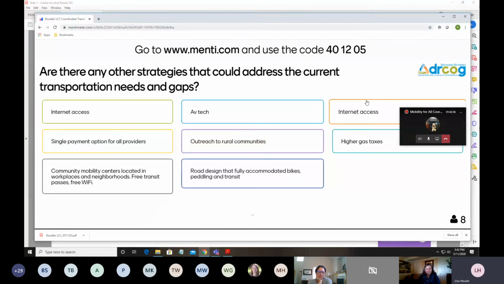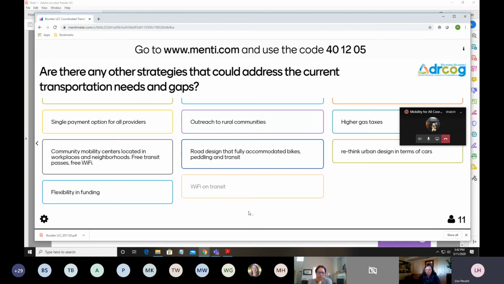Community mobility centers located in workplaces and neighborhoods. Free transit passes, free Wi-Fi. Road design that fully accommodated bikes, pedaling, and transit. Rethink urban design in terms of cars. Flexibility and funding, that's a big one we've heard. Wi-Fi on transit.